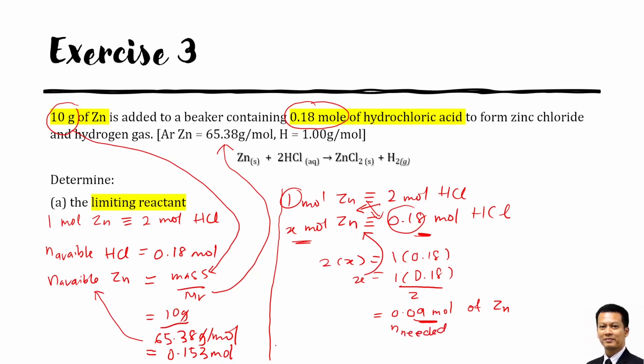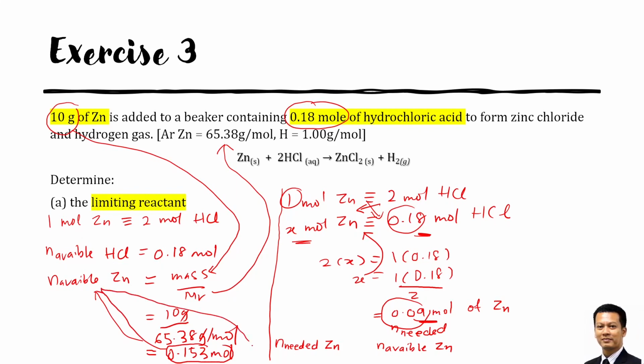Now compare the value. So number of mole needed of zinc, if we were to compare with n available of zinc, this is 0.153. This is n available, which we need to put here. So is it larger? 0.09 needed. Is it larger or lower?